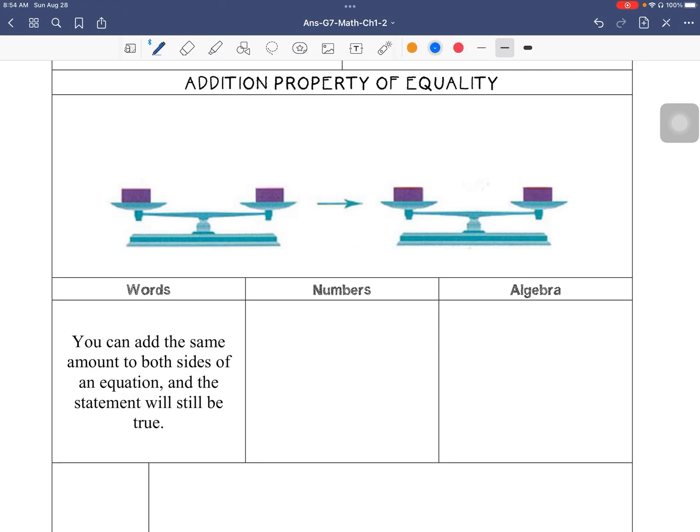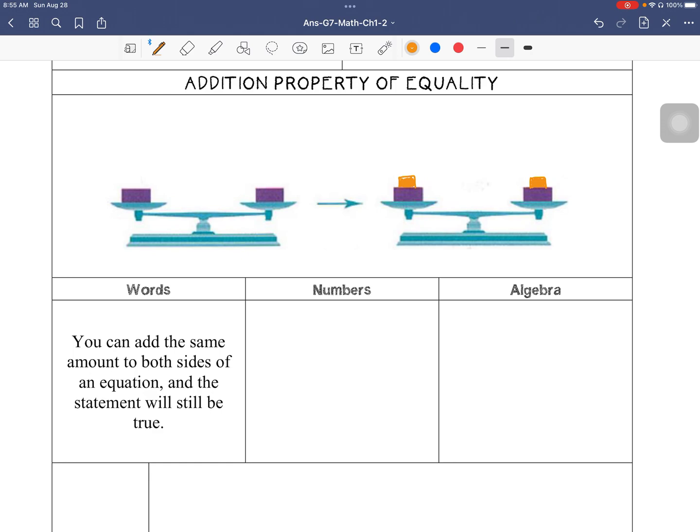So this means if I have a scale where the two weights are the same, and then I add the same amount of weight on it, let's just say these two orange things are the same amount of weight, I add it to both sides, and then it will still be the same.